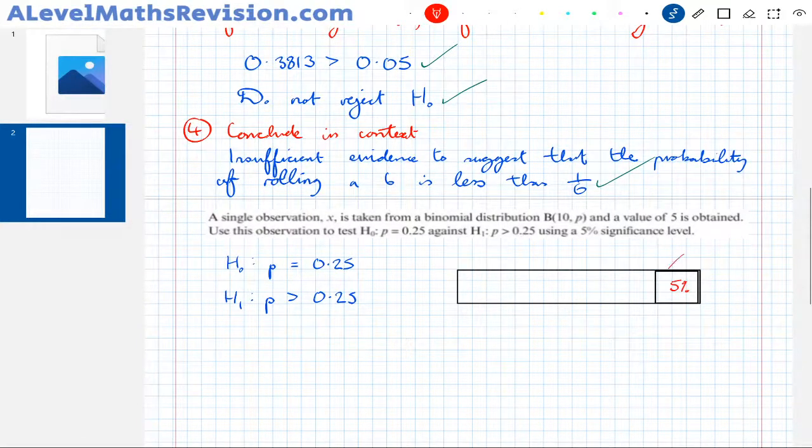This is going to be the right tail. So this is the rejection region. And this is the acceptance region.